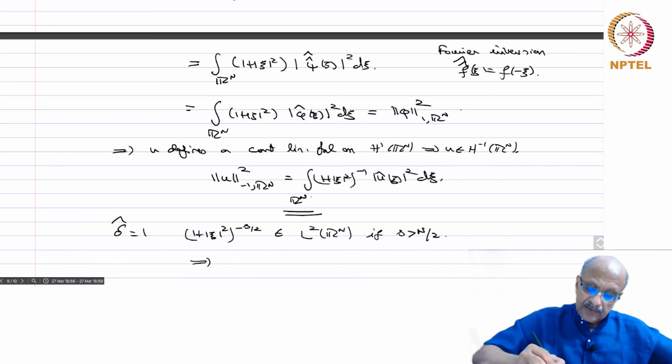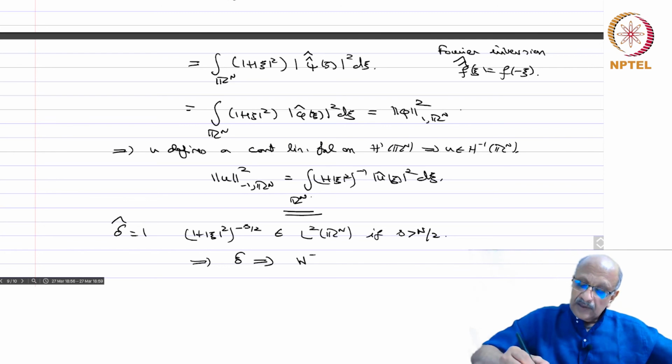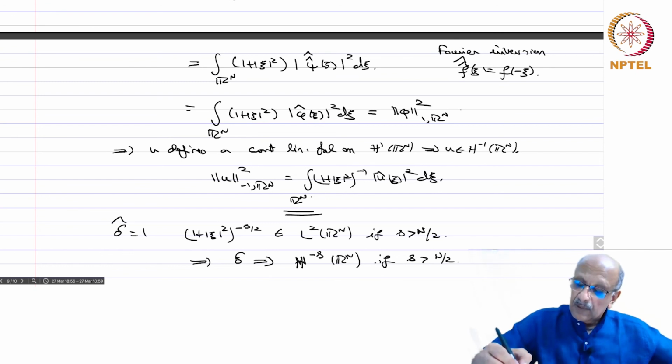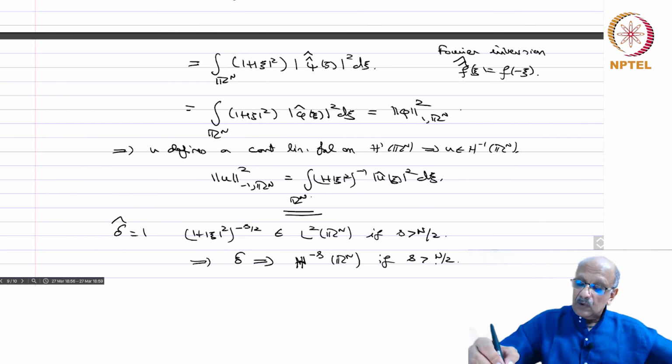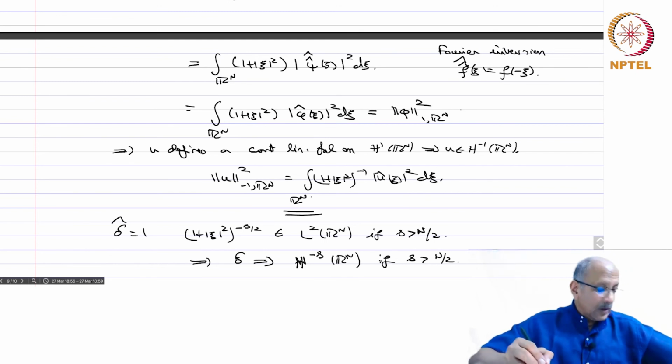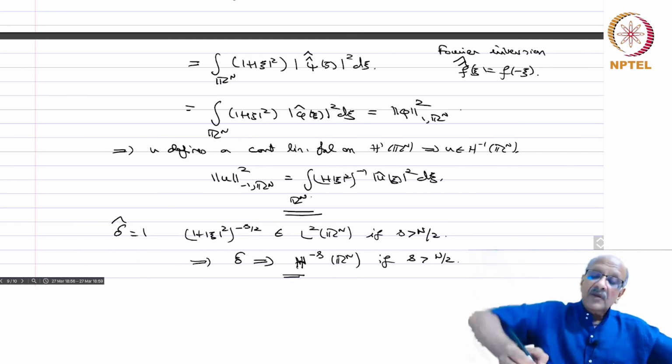So this implies that delta belongs to H^(-s)(Rⁿ) if s is bigger than n/2. So whenever m is bigger than n/p, we said delta is in W^(-m,p), and the same result we are recovering in the case p equals 2. Okay, so we will continue with this later.